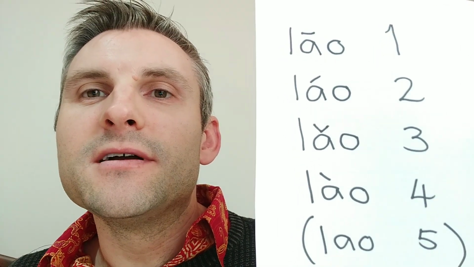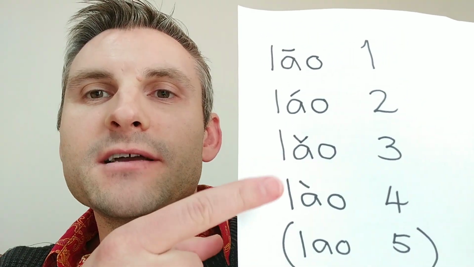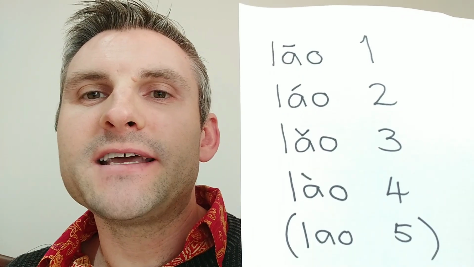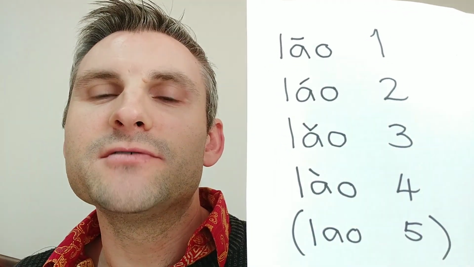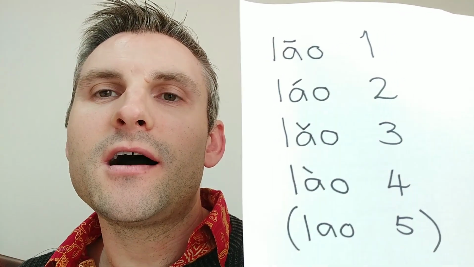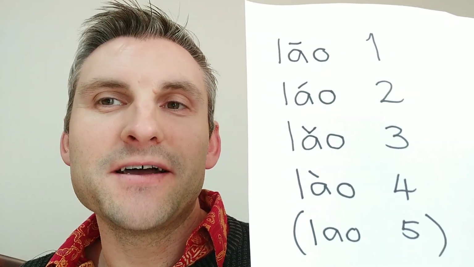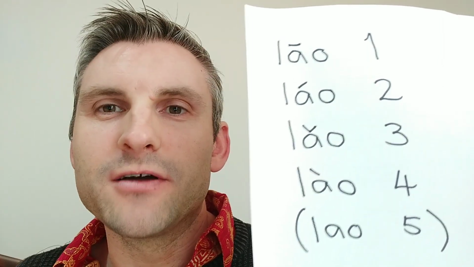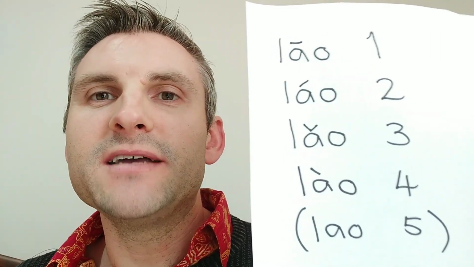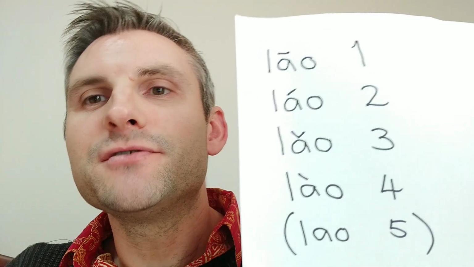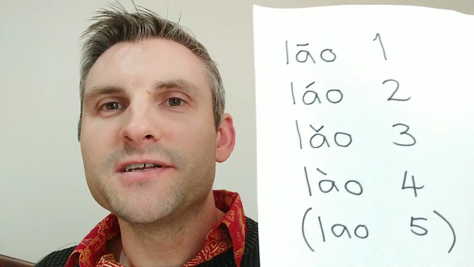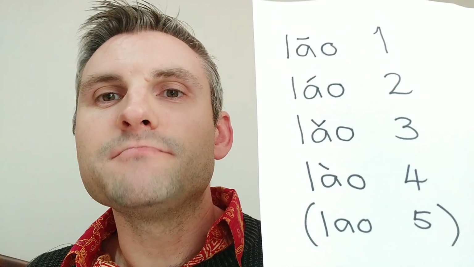Alright, so they're called tones. You could say every single syllable in Mandarin can be said high, rising, low, or falling. And if you get the sound wrong, it's a completely different word and you're incomprehensible. So the numbers are official. They're not just my invention. They are officially tone 1, tone 2, tone 3, tone 4.